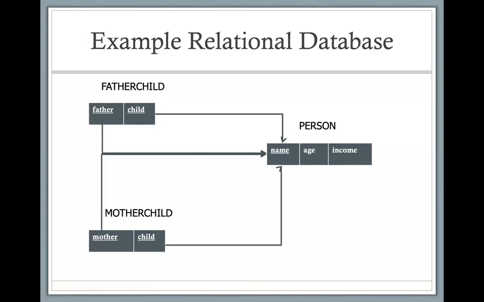So again, we're gonna play with the same database schema that we've been playing with. So father, child, mother, child, and person. Here is what caused the delete statement to fail: this child foreign constraint to the table person. If we're trying to delete a record, a person that is not a father, for instance, but is pointed to by this foreign key constraint, it caused the failure of the delete statement.